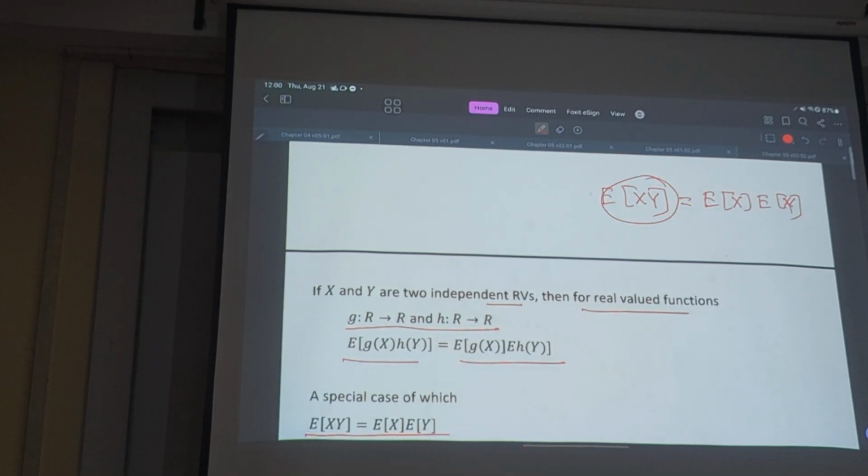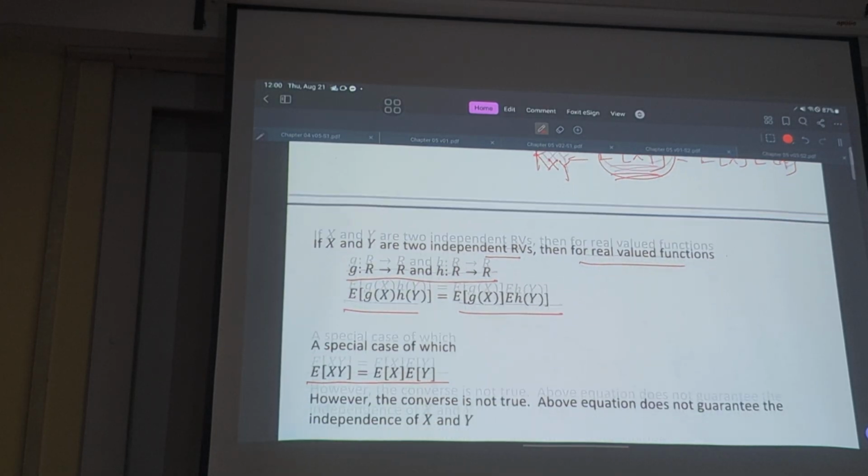What is this? This is the correlation of x, y. I will define it. The correlation of x, y will be the product of their individual expectations.